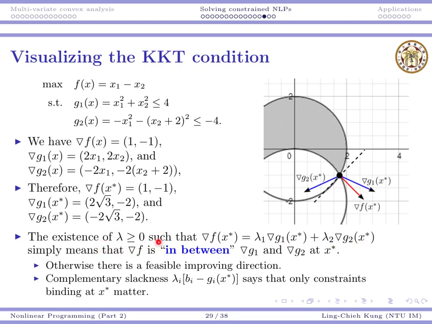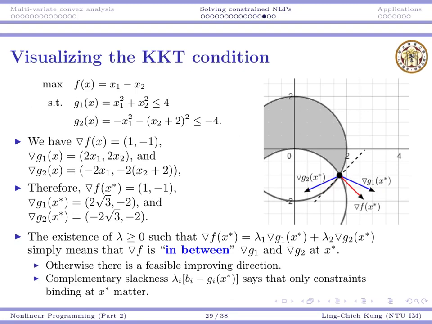If such lambda exists, then gradient f must be in between g1 and g2. The concept of in between can be visualized on a two-dimensional graph. For three dimensions it can also be imagined, but it's harder to draw.